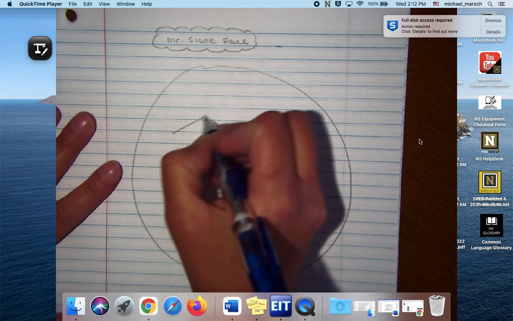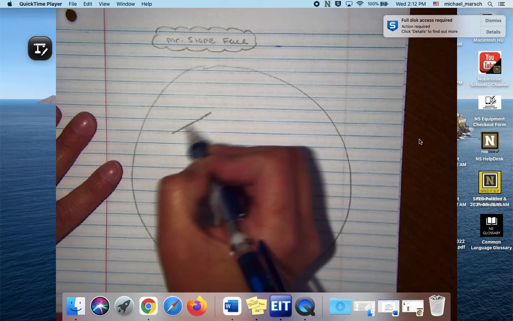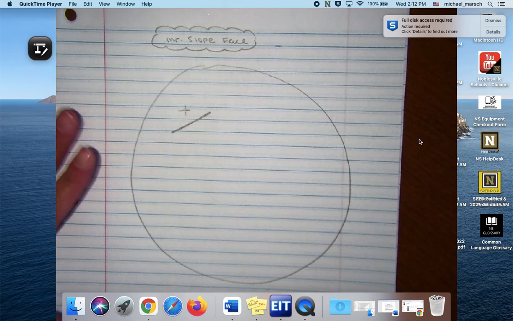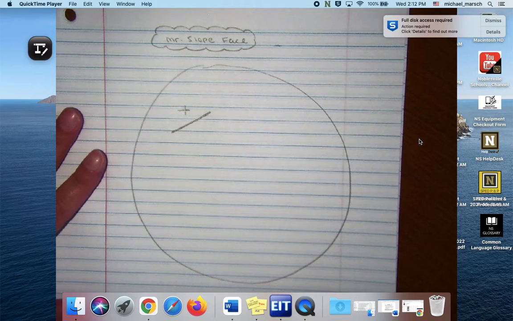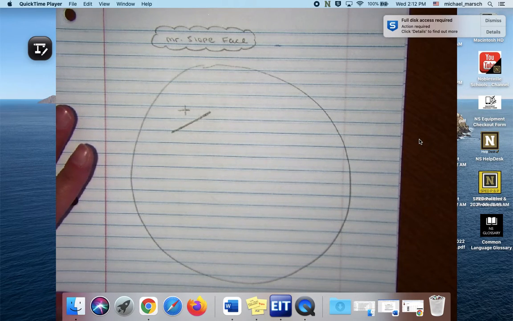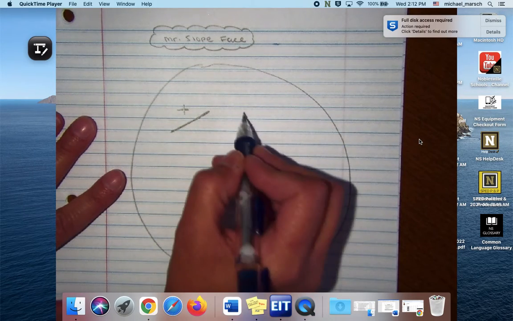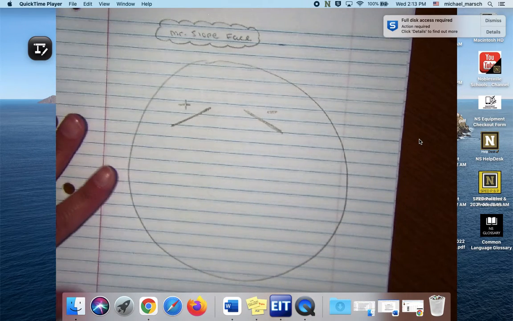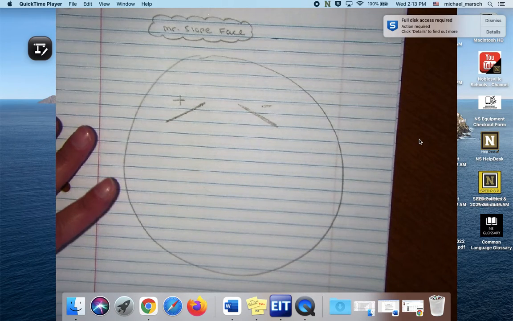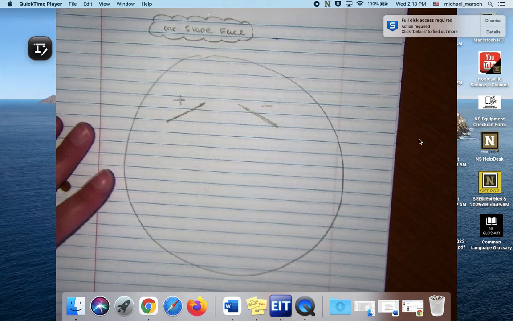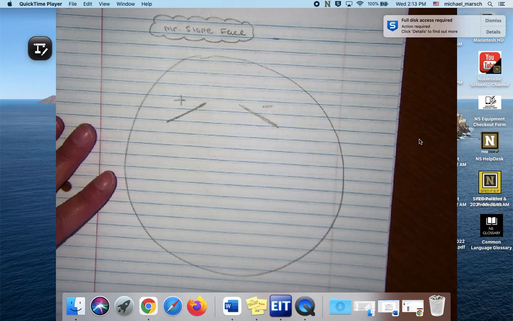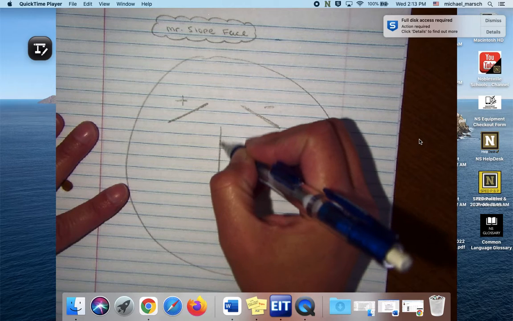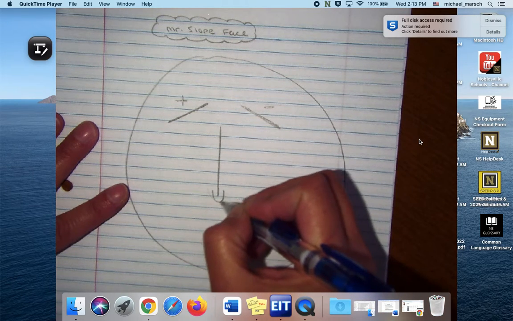Okay. So right here we have a line going up and to the right. So this is a positive slope. That's one of his eyes. Then we have a line going down and to the left. That's a negative slope. He's sad. Poor man. He's had better days. Then we have a nose. That's a vertical line, and that is an undefined slope.